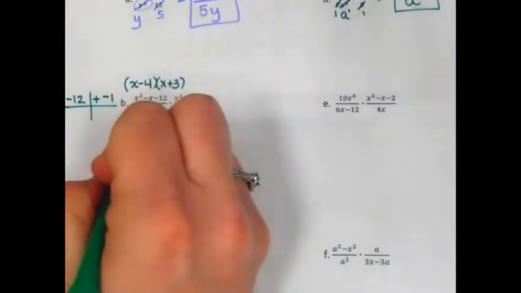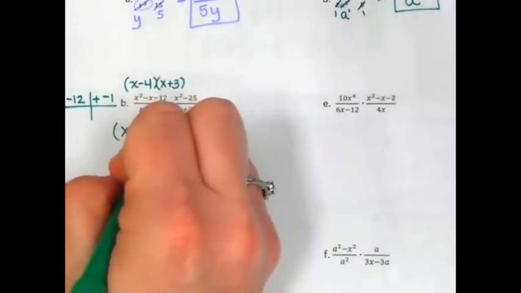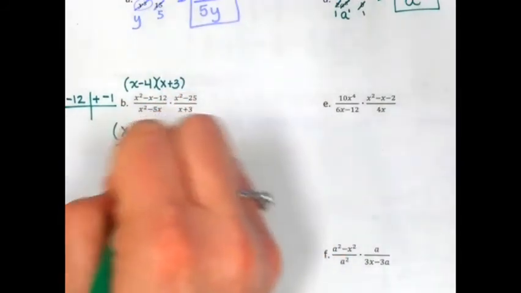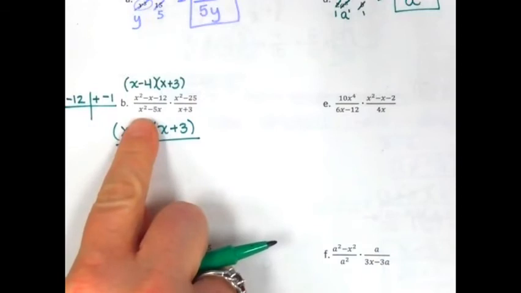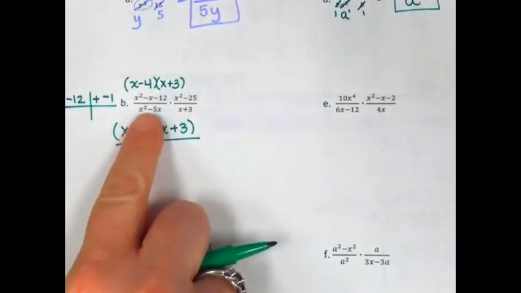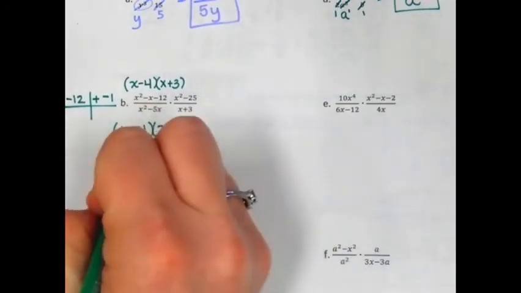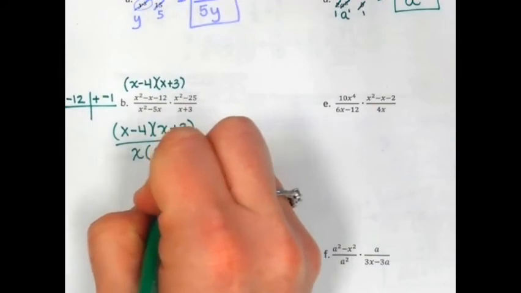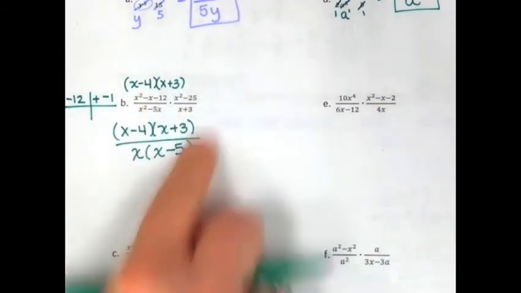In that denominator, what can I factor out of x squared minus 5x? What can I factor out of these two? X squared minus 5x and x. And if I factor out an x, what's left over? X minus 5. Can I simplify anything in this first parenthesis?